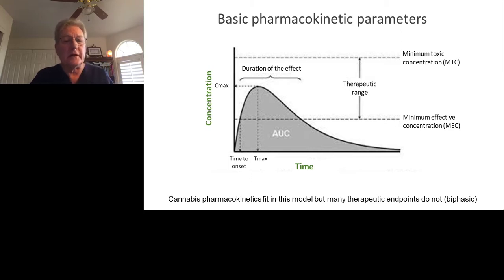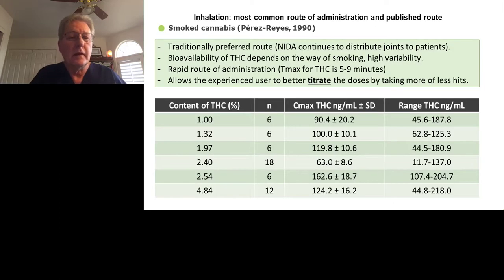Cannabis pharmacokinetics fit into this model, but many of the therapeutic endpoints do not because they are biphasic. Inhalation is the most common and preferred route to date, and is also the most published route of administration in the literature.